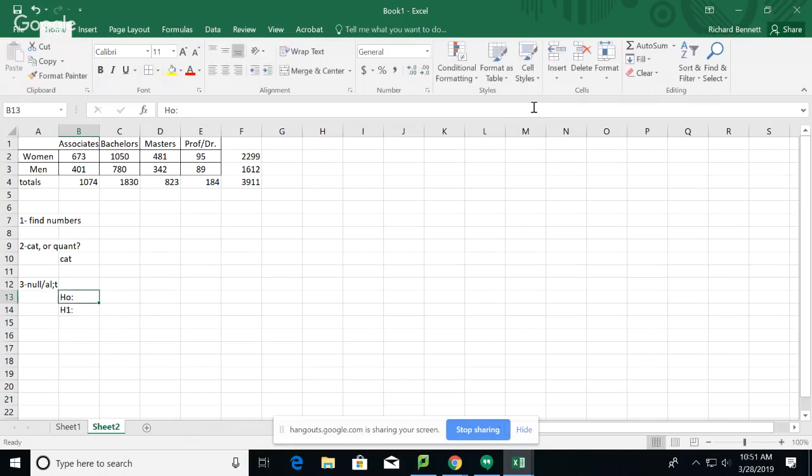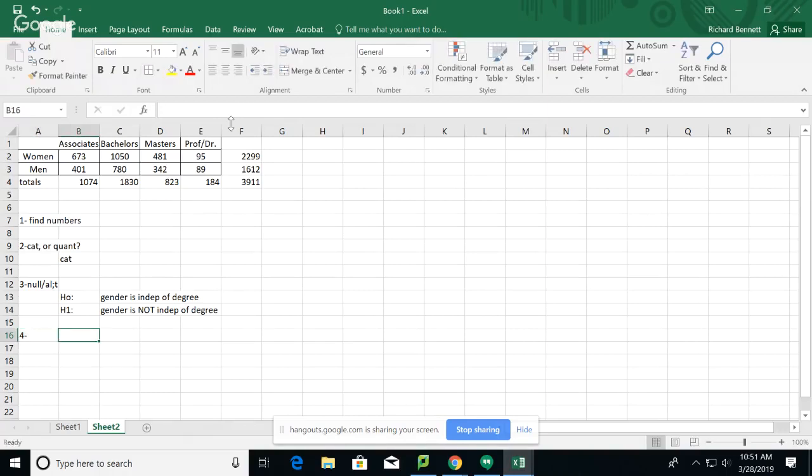But don't just say independent. What's independent of what? Gender is independent of degree. The alternative is not independent. Is it okay to put dependent? No. Because there are lurking variables like Simpson's paradox going on probably.